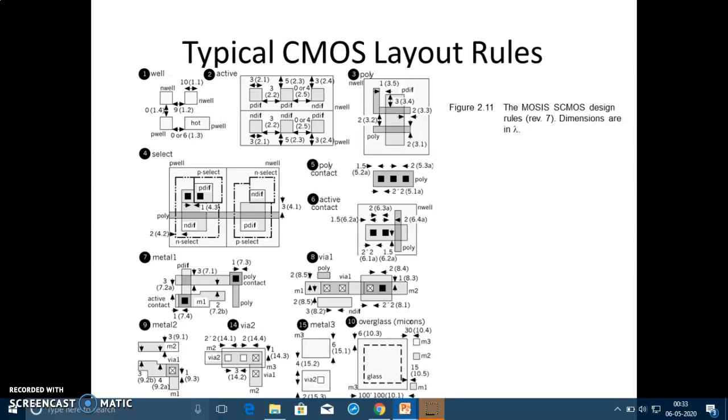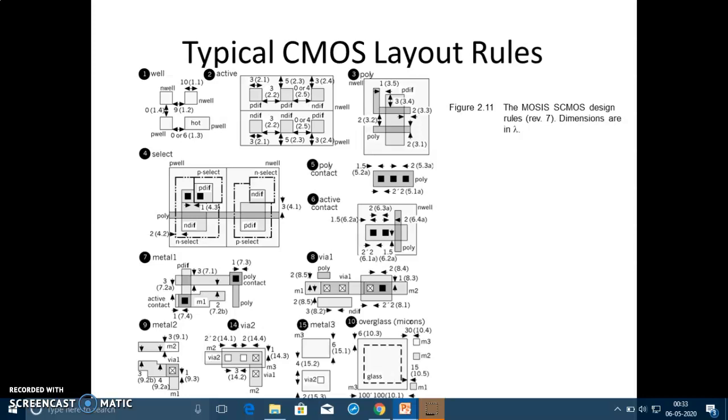In gate layout, the layout diagram is the bar diagram, and the stick diagram is the stick-like diagram we can choose. Already we can see the NOR gate, NAND gate, and inverter diagrams.